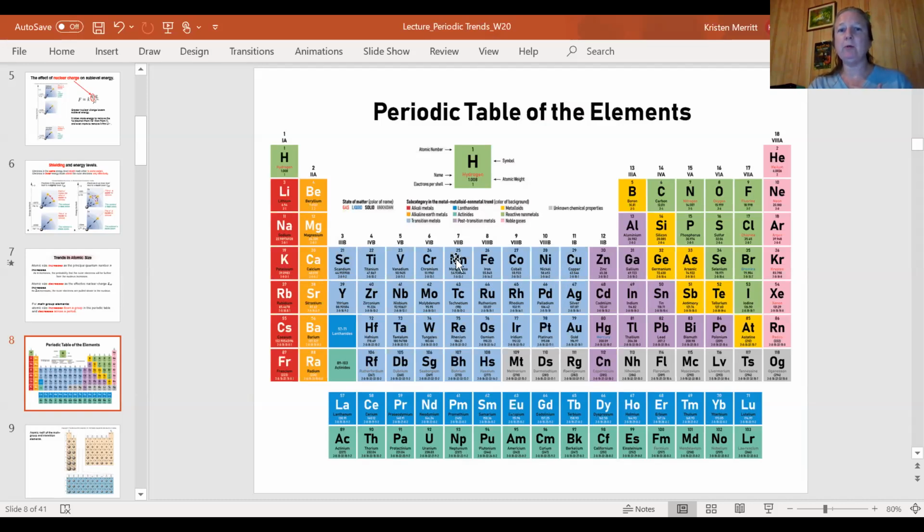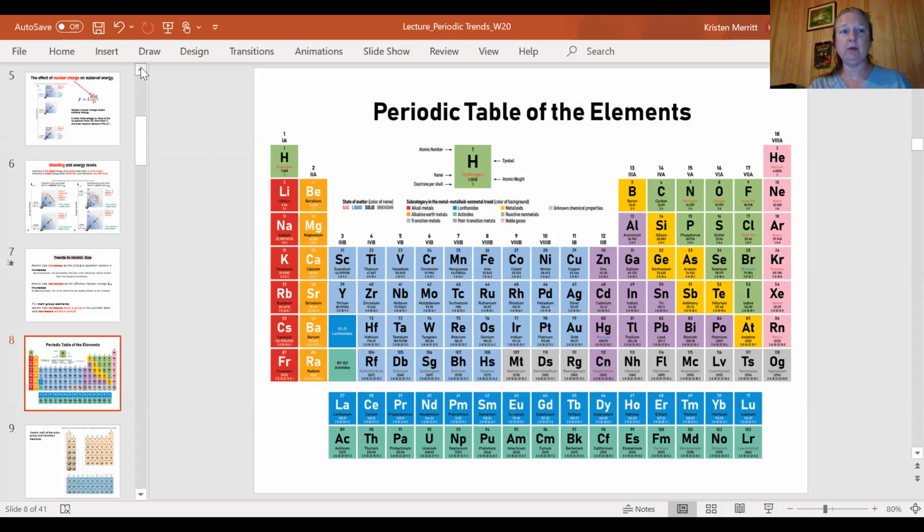But once I've filled the 3d, let's say I'm looking at selenium over here, this is now an inner core. This is part of the inner electrons, because remember, as soon as you start adding electrons to the d, the energy level drops. It is now lower than the s. So let's say we're talking about selenium, 4s and 4p subshells are your outer electrons.